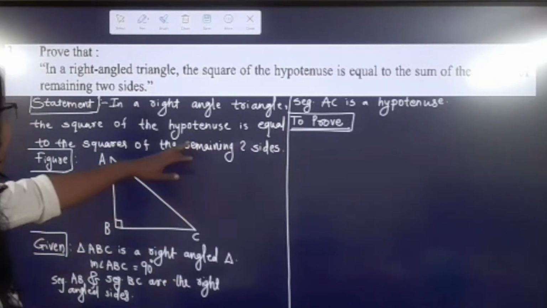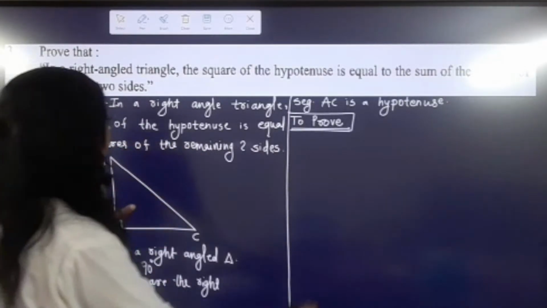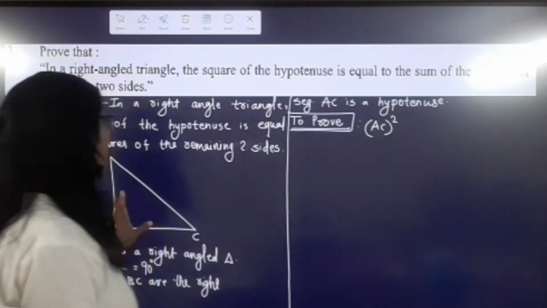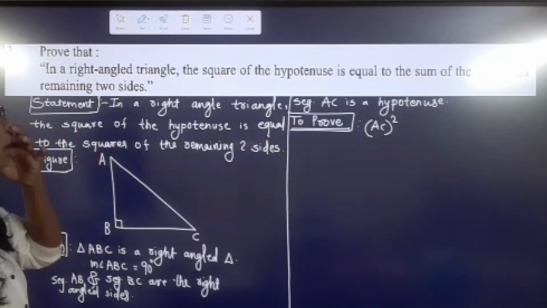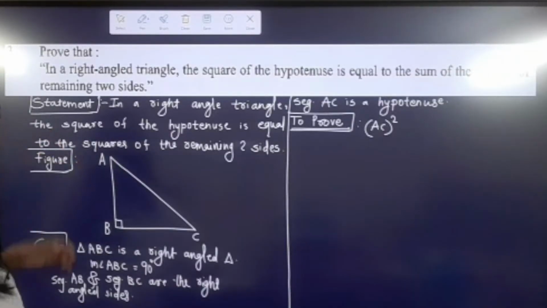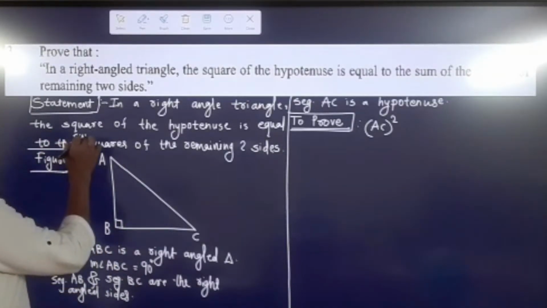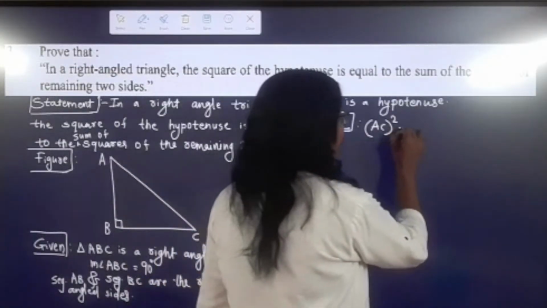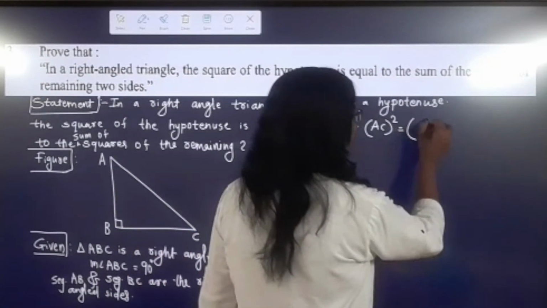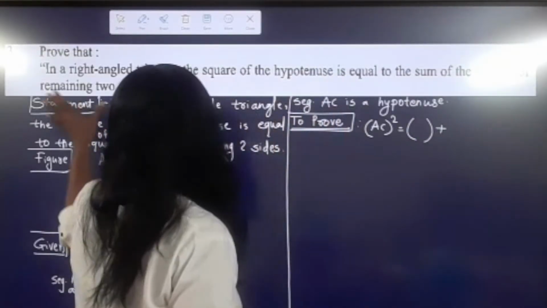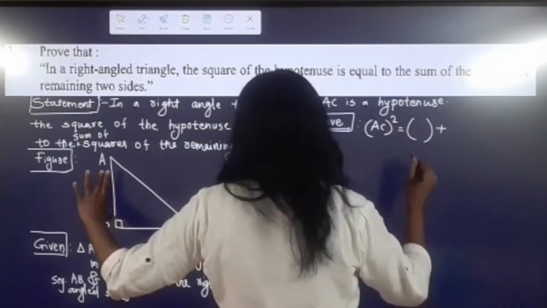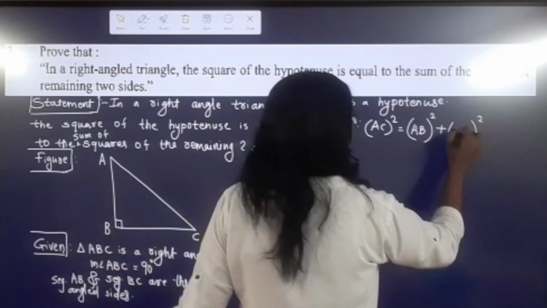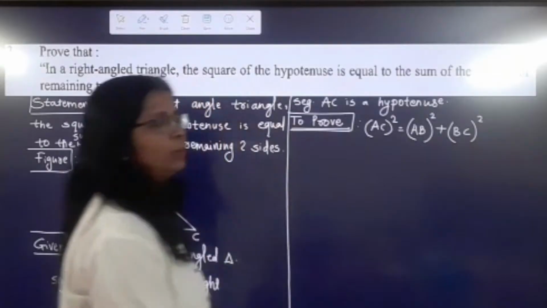To prove: in a right angle triangle, the square of the hypotenuse, that is square of AC, is equal to the sum of the squares of the remaining two sides. The remaining two sides are AB and BC, so AC squared equals AB squared plus BC squared.